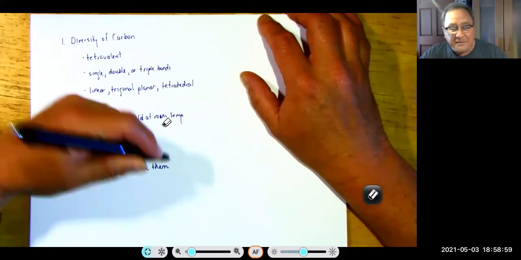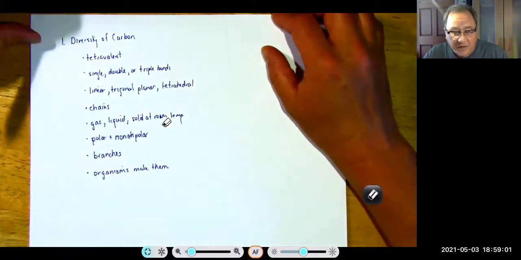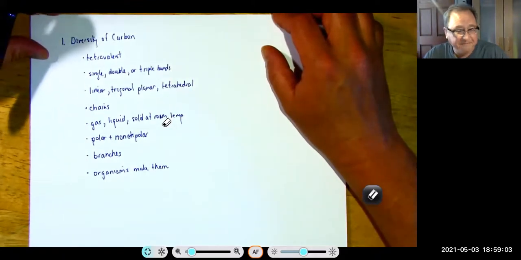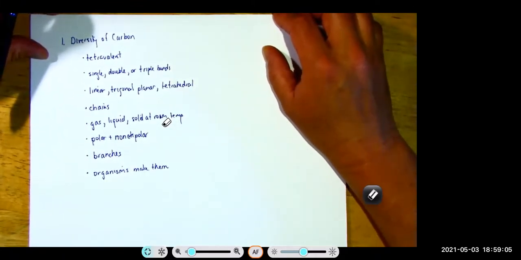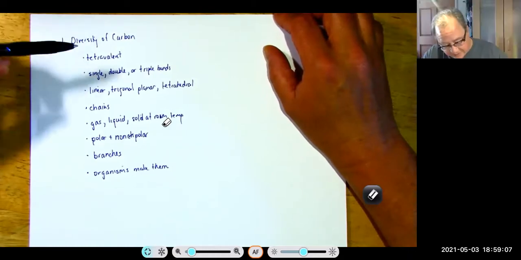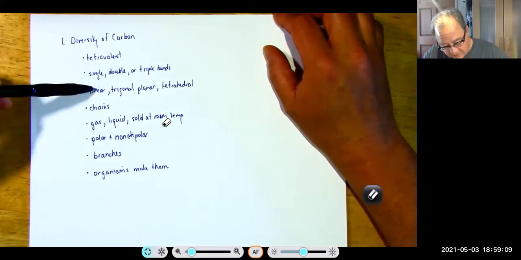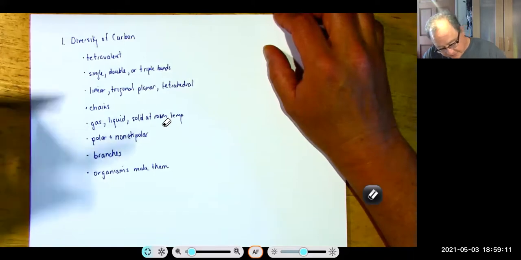And when you got 20 million species, you expect to have a whole lot of different organic compounds, right? Okay, so we were going for 7, right? We got 8.